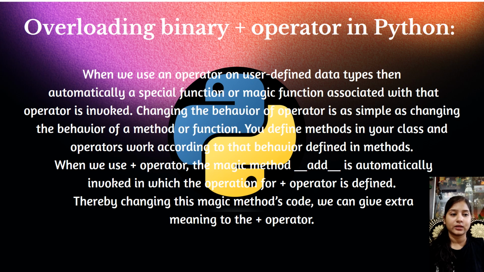You define methods in your class, and operators work according to the behavior defined in the methods. When we use the plus operator, the magic method __add__ is automatically invoked, in which the operation for the plus operator is defined. Thereby, by changing this magic method's code, we can give extra meaning to the plus operator.